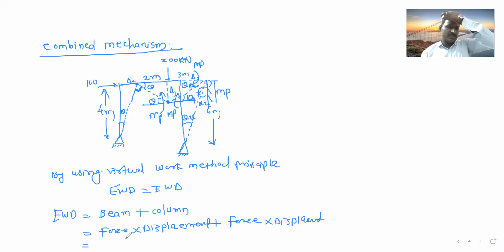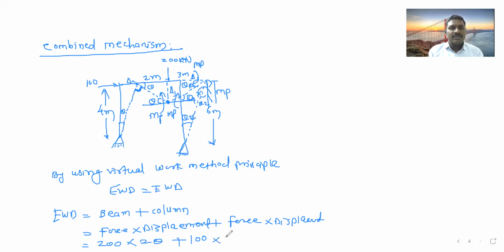So force on the beam, how much? 200, correct? Into displacement of beam, 2 theta, correct? Plus force on the column, 100, correct?